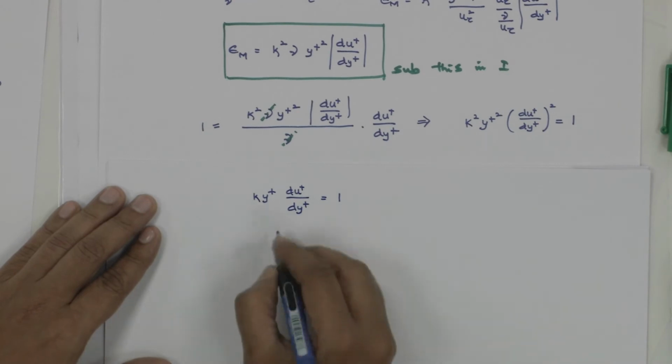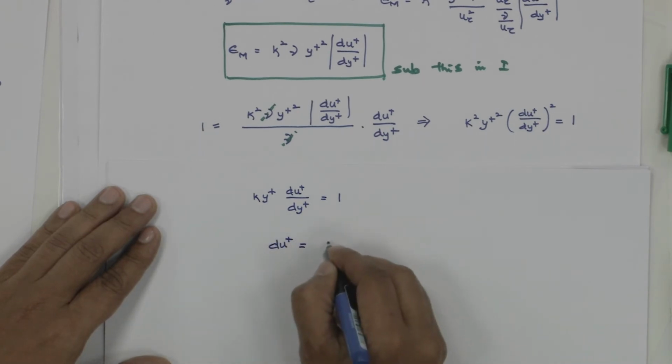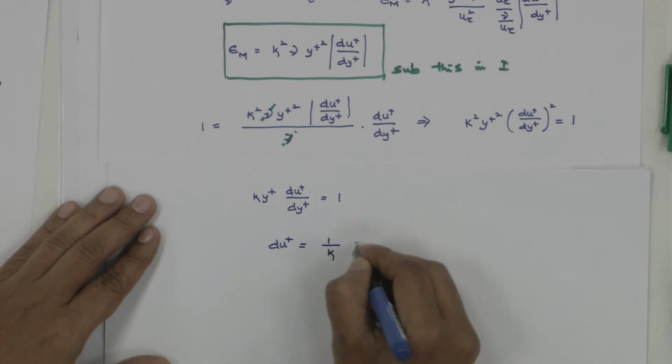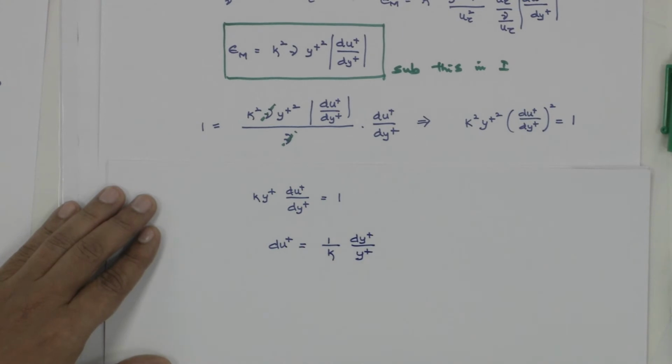If I rearrange this, because I am looking for du plus, du plus equal to 1 upon kappa dy plus by y plus. Now, I can integrate this equation.